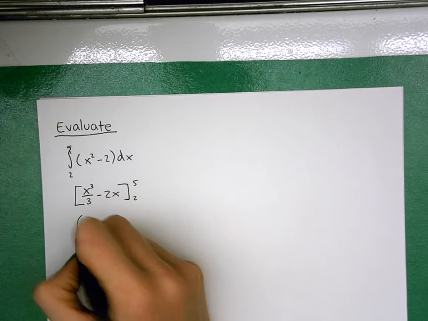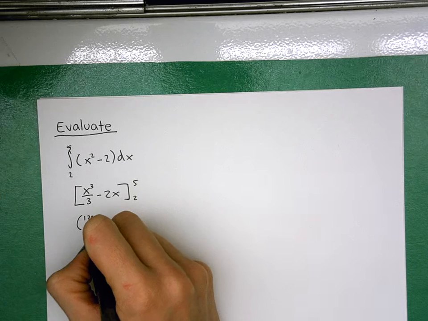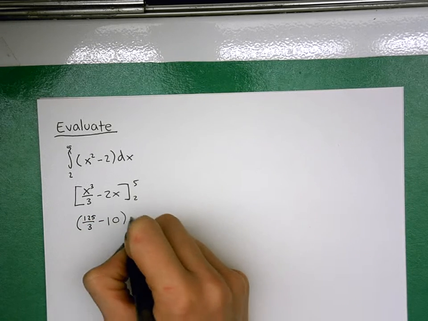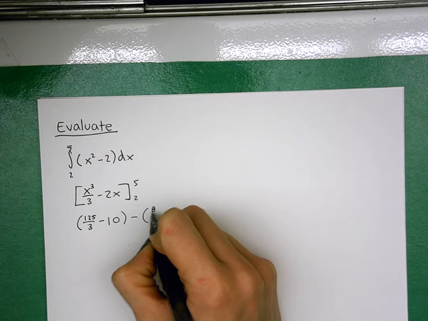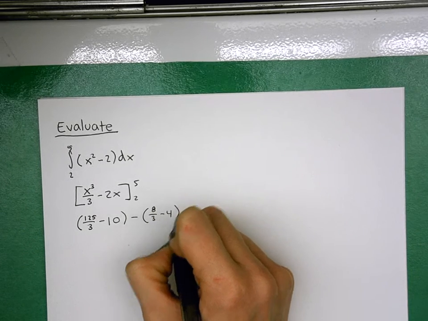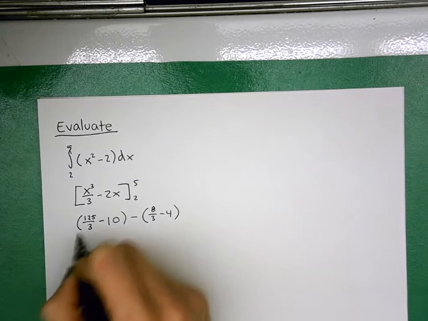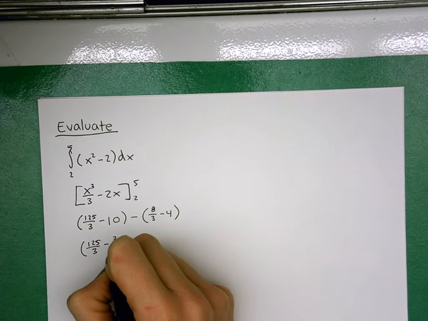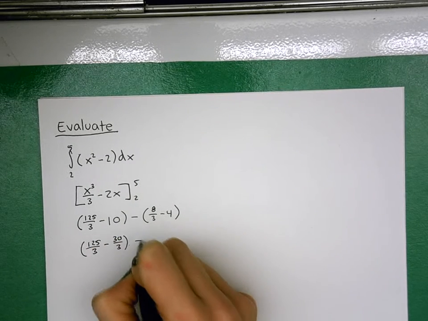I'll then plug in the upper. 5 cubed is 125 over 3 minus 2 times 5 is 10. Minus, plug in your lower, you get 8 cubed minus 4. Okay, well, 10, to find a common denominator, would be 30 over 3.